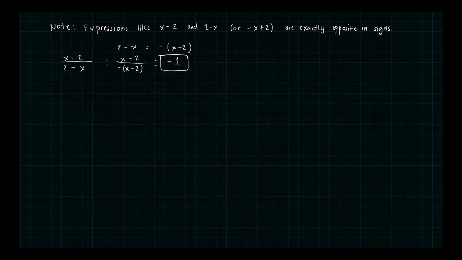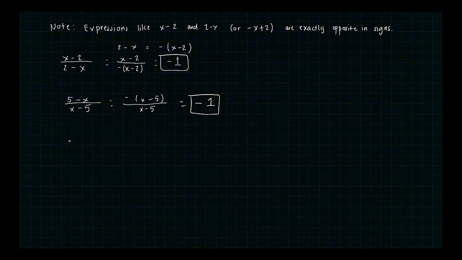For our example number 2, we have 5 minus x over x minus 5. And we apply the same process. So we have negative (x minus 5) over x minus 5. And the answer is negative 1.